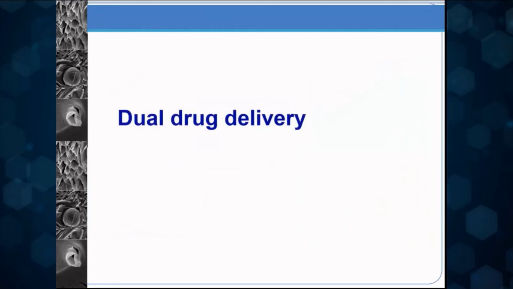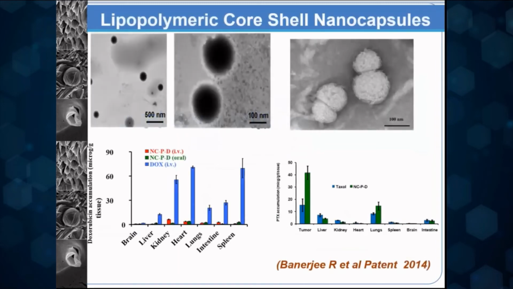Okay. Then to go to the concept briefly of dual drug delivery, many diseases actually require more than one drug to treat. And sometimes there are advantages of having the same biomaterial being able to deliver more than one drug. So when we're looking at dual drug delivery, the design of your biomaterial is basically determined by, one, what is your drug? Is it hydrophobic, hydrophilic? What are their interactions?